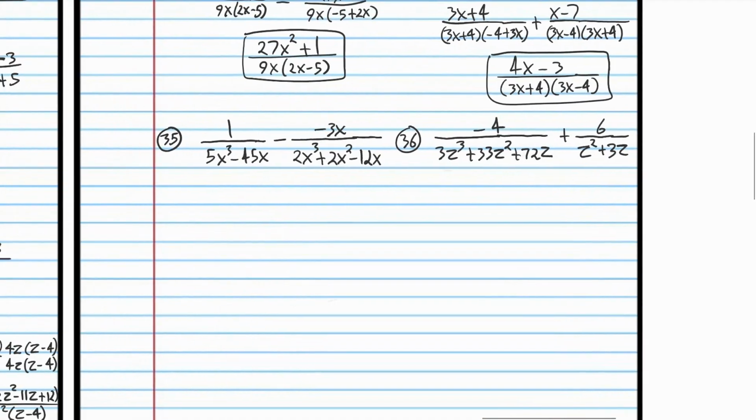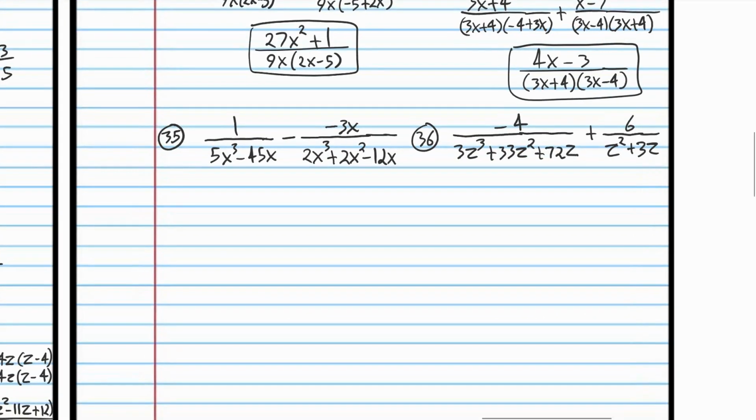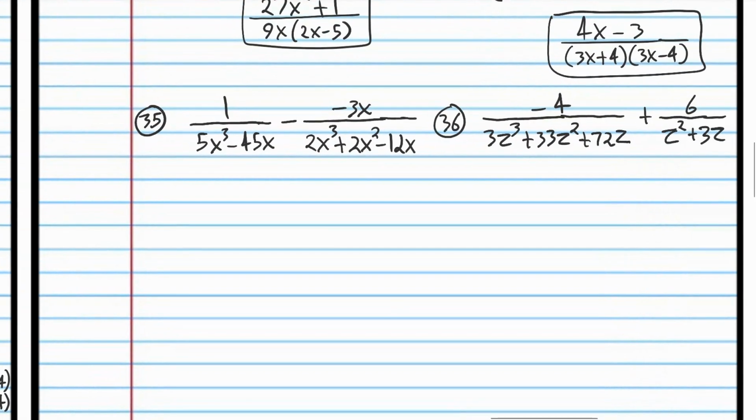Alright, so 35 and 36 are the last problems for the day. So let's do the first one together. We're going to factor out 5x. And here we're going to factor out 2x.